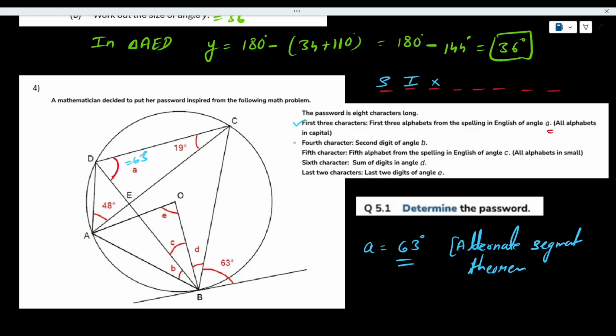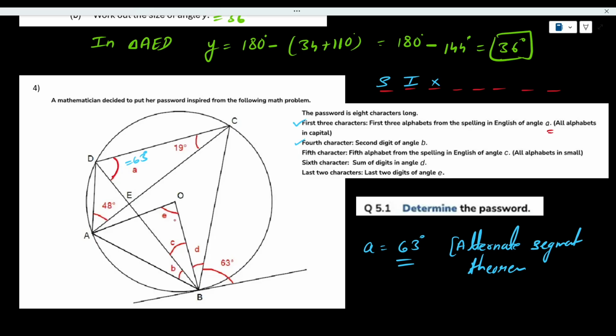Now it's written that the fourth character is the second digit of angle B. This is your angle B, which is subtended by AB and BD. These are the two arms of the angle, that means arc AD. Now arc AD is subtending an angle at C also, which is 19°, and angles in the same segment are equal.